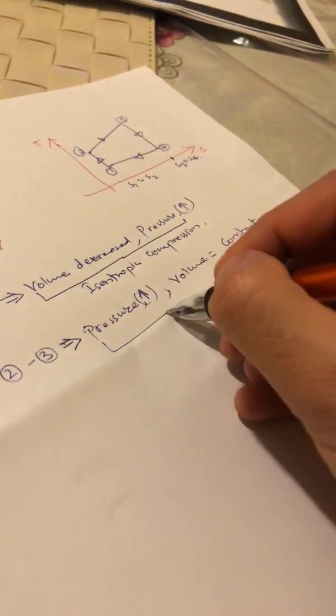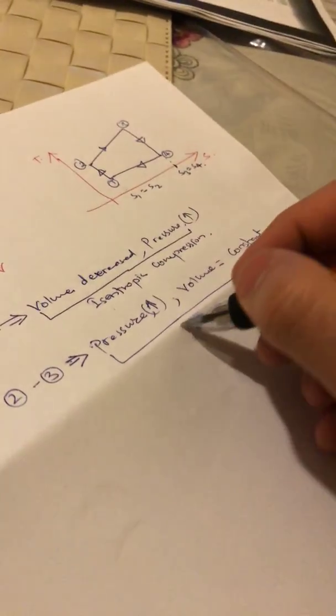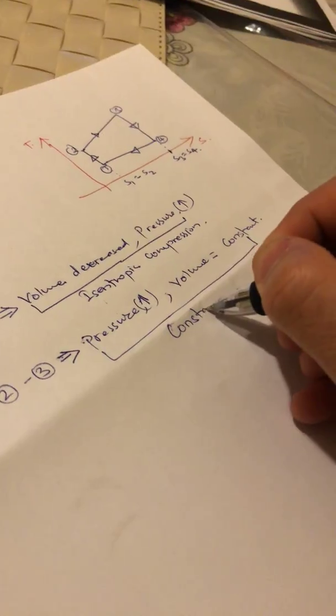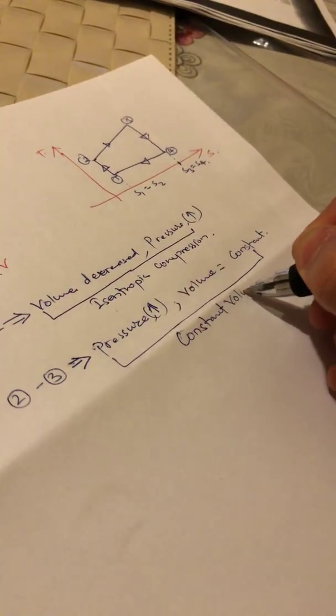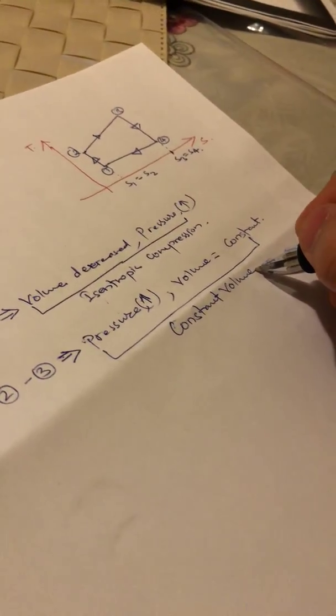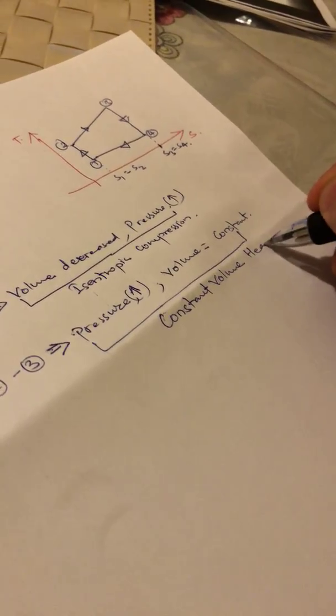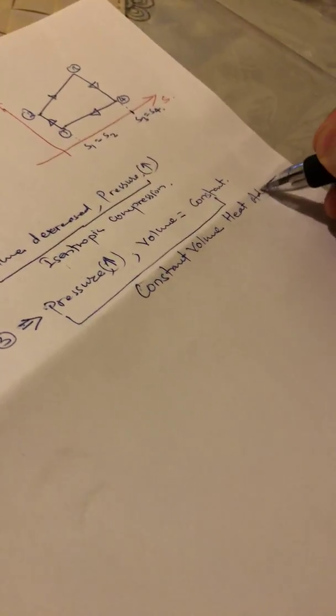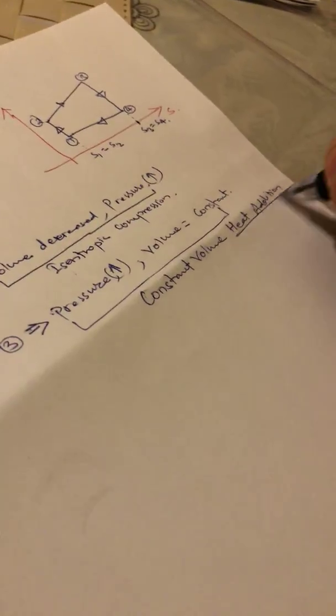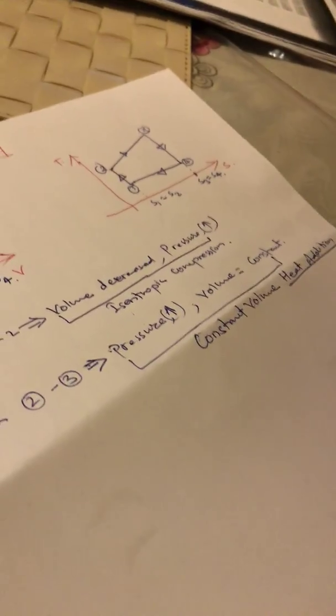In thermodynamic terms, we call this constant volume heat addition. The reason we call this heat addition is that during this cycle in the engine, in the Otto cycle, heat is added to the system. So we can also write this as Q in.